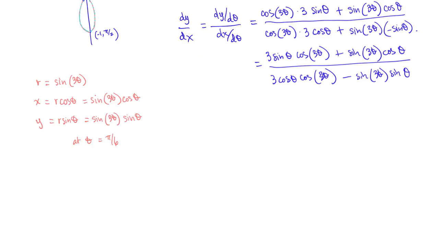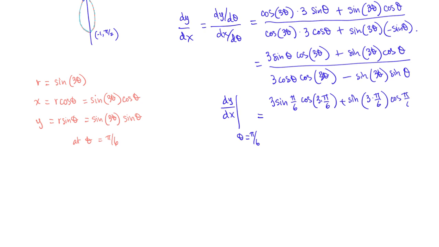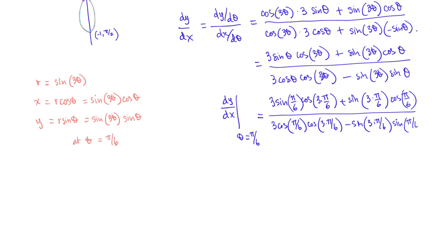To find the slope, we plug in pi over 6 into this expression. 3 sine of pi over 6 cosine of 3 times pi over 6 plus sine of 3 times pi over 6 cosine of pi over 6, over 3 cosine of pi over 6 cosine of 3 times pi over 6 minus sine of 3 times pi over 6 sine of pi over 6.